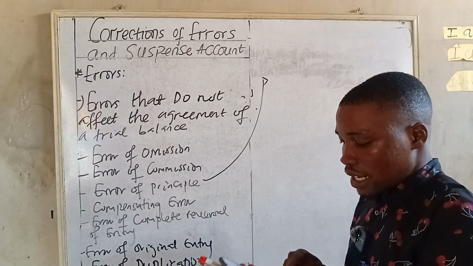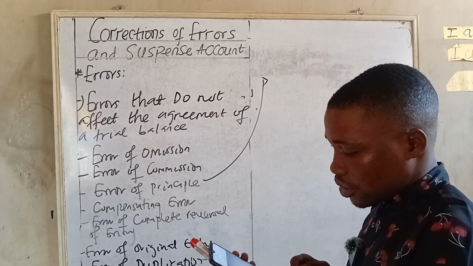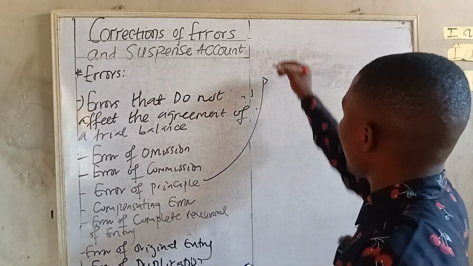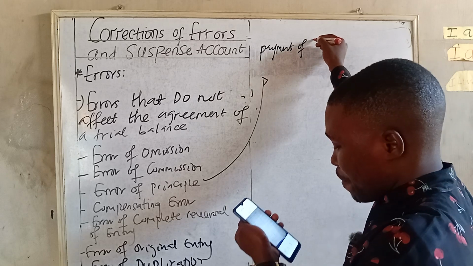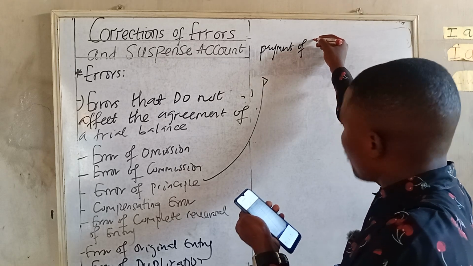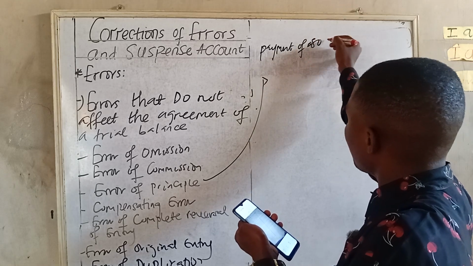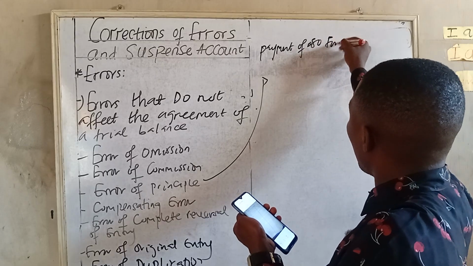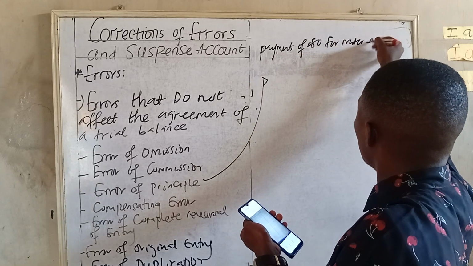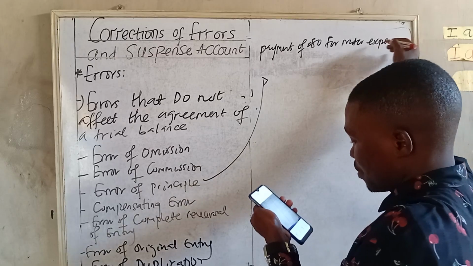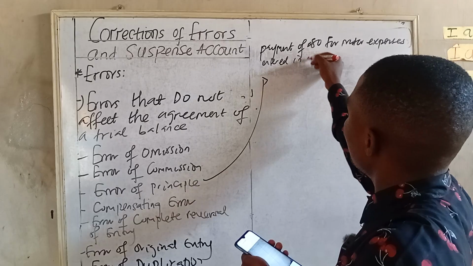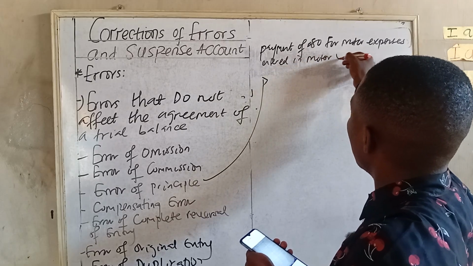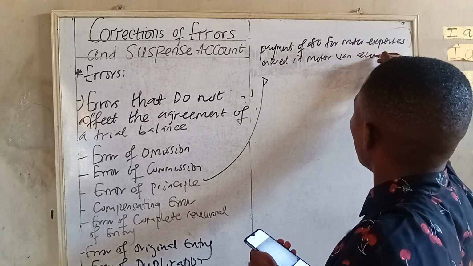So let's see a transaction here to analyze the question. Payment of 80 naira for motor expenses entered in motor van account.